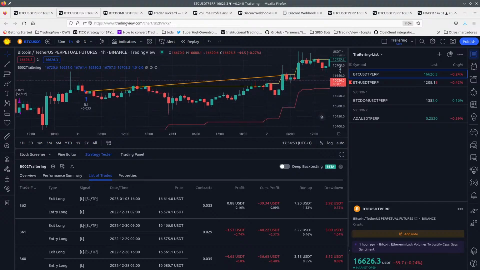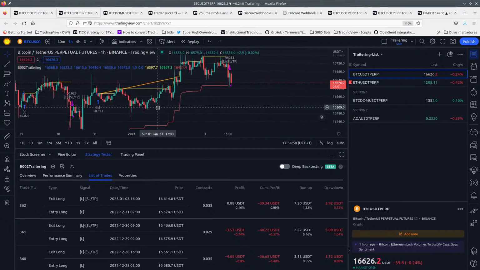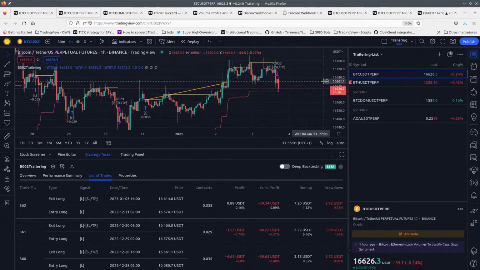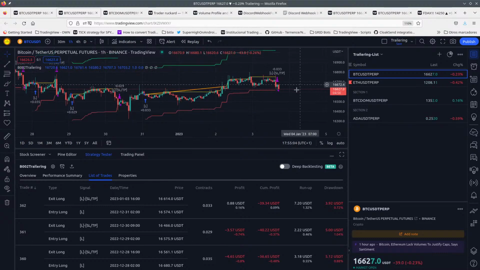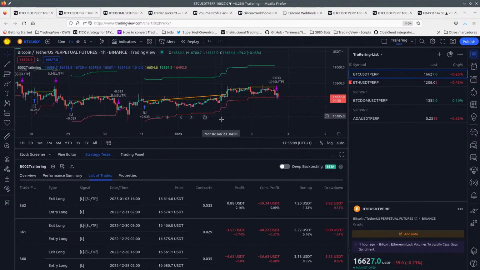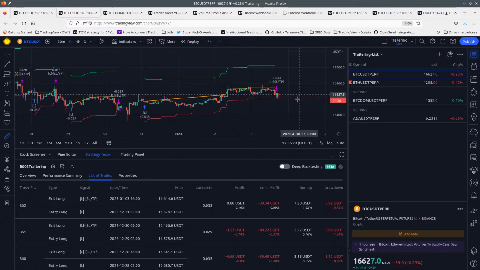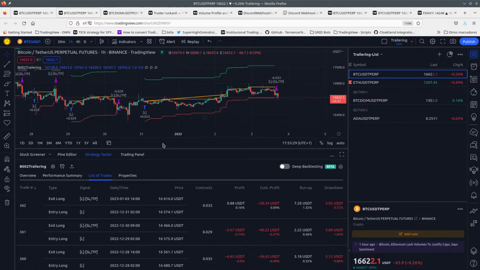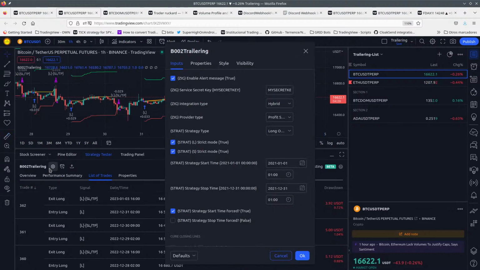We have a long only trade, and the take profit is too big, if you ask me. Yeah. So I think that the take profit should be smaller, because you have had here some movement, but yeah.